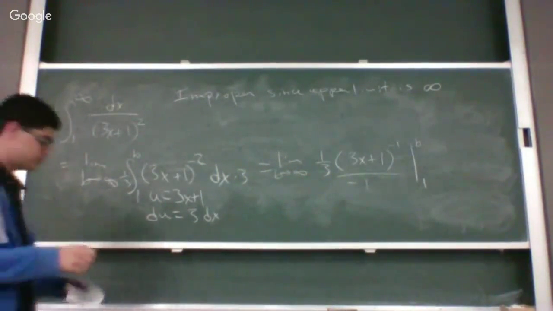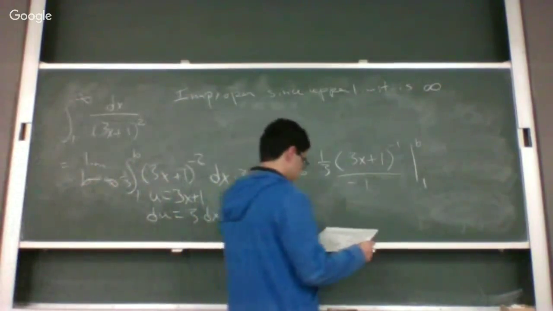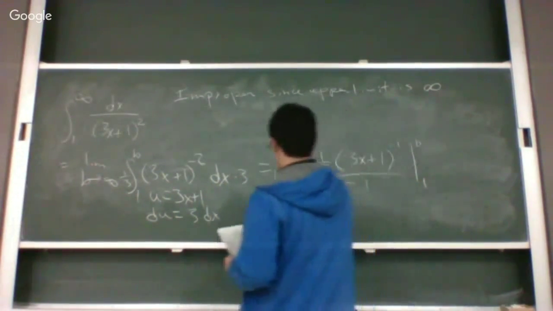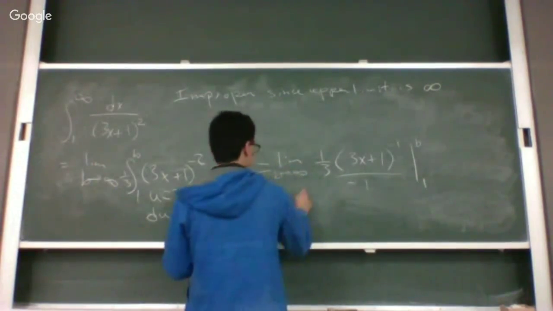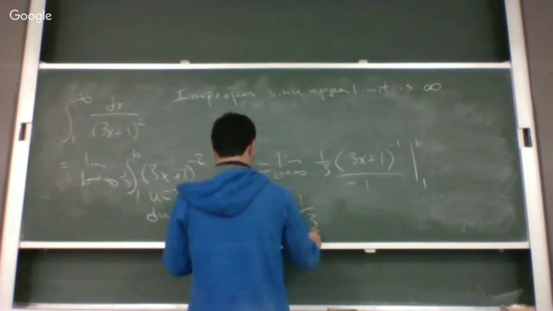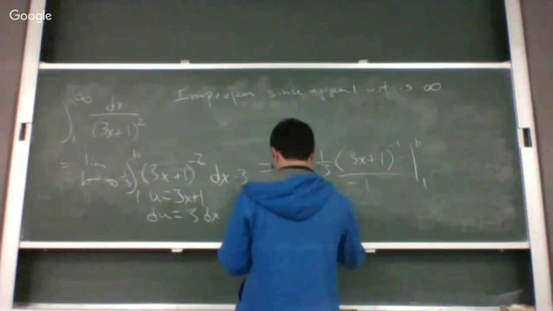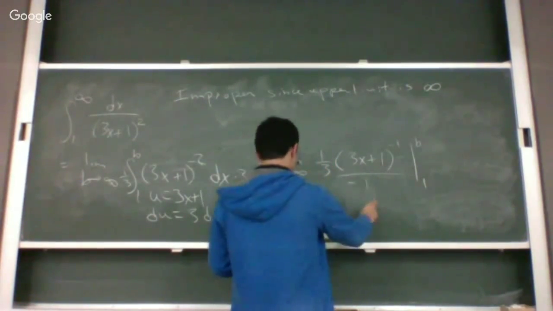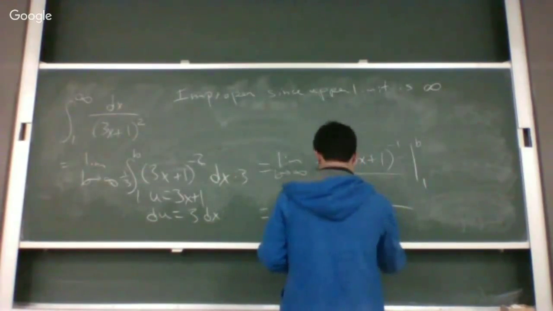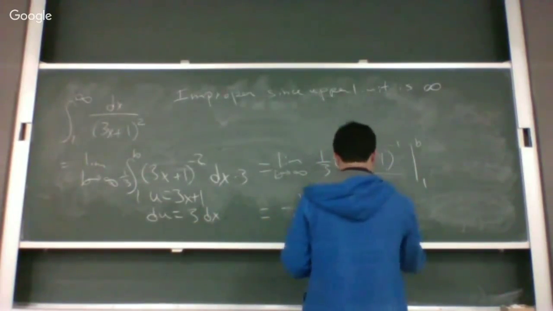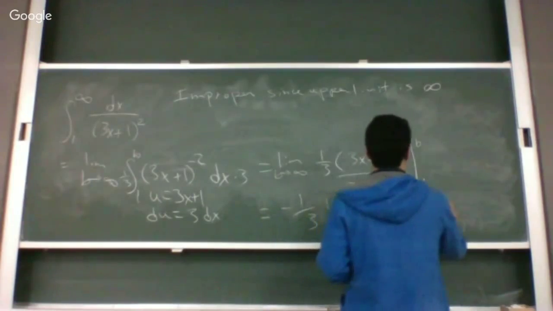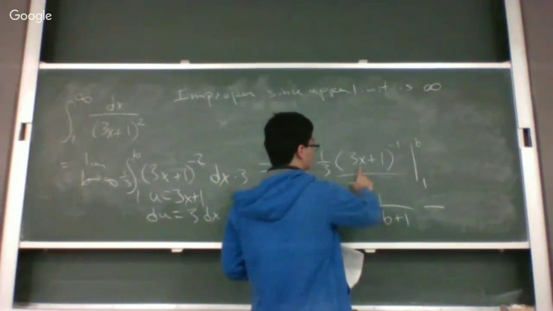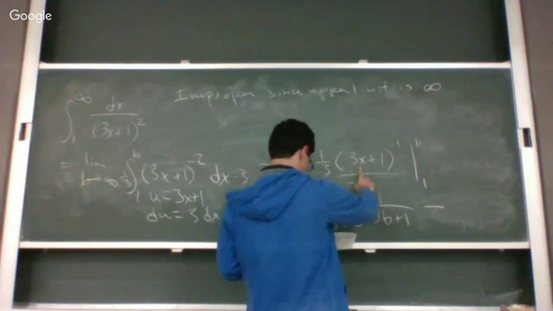Oh wait, no, I should show you that, because they still want you to write it with a b. So negative 1/3 limit as b approaches infinity. Inside we would have 1 divided by 3 times b plus 1, minus, we put in a 1 here, we would have a 4.